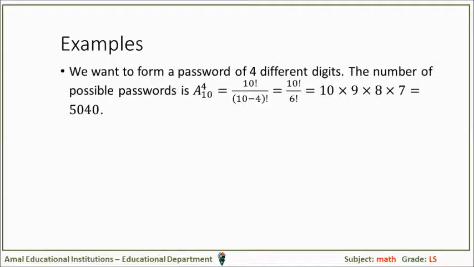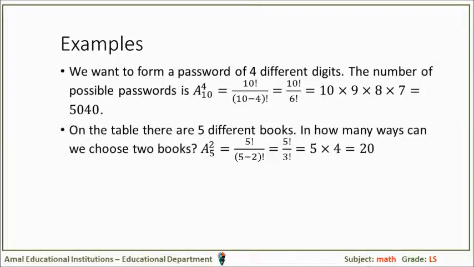As you know, 10 factorial is 10 times 9 times 8 times 7, etc. till times 1. 6 factorial is 6 times 5 times 4 times 3 times 2 times 1. We will simplify here to get 10 times 9 times 8 times 7. The answer is 5040.